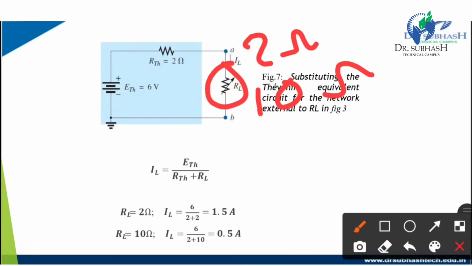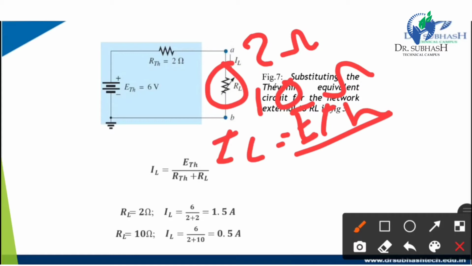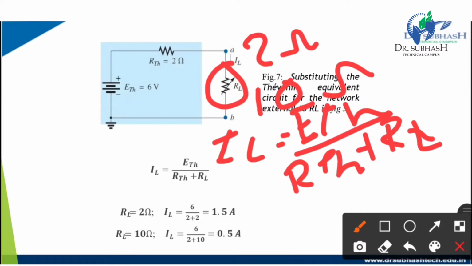We know the current equation is I equals V by R. So here the voltage is ETH divided by the total resistor, so it is RTH plus RL. ETH is fixed, 6 volt. RTH is 2 ohm and RL is different. For the first case it is 2 ohm and for the second case it is 10 ohm.